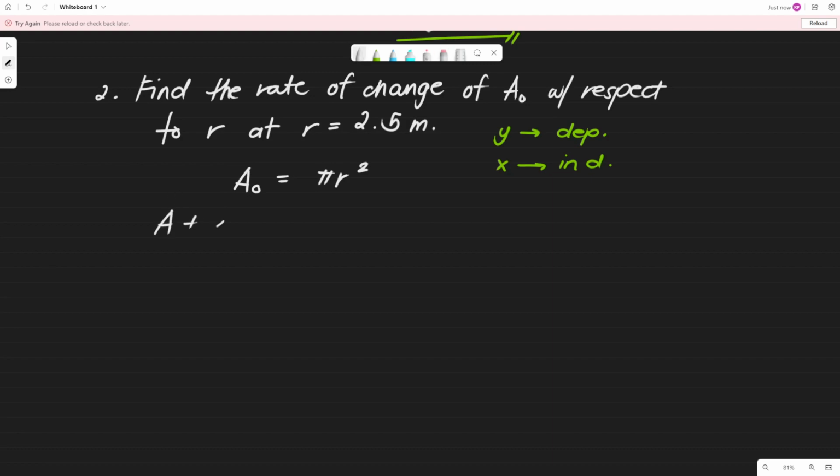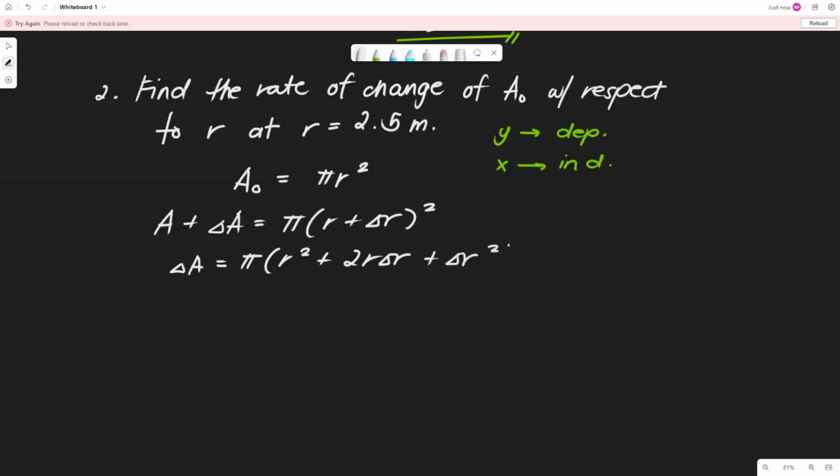A plus delta A is equal to pi times r plus delta r squared. Oh, so next, subtract the original function. So we have delta A is equal to pi. I-expand ko na, no? So we have r squared plus 2r delta r plus delta r squared minus pi r squared.